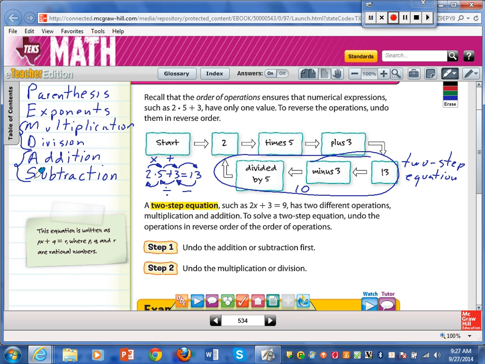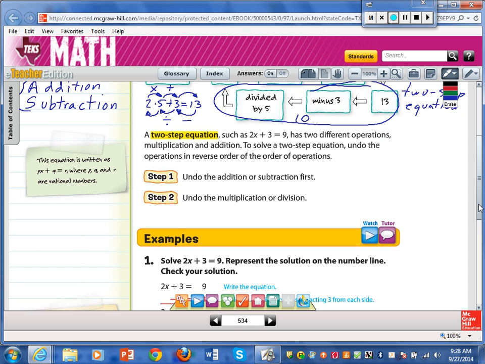Now, to solve two-step equations, you go backwards. You undo anything that's addition or subtraction first. Then once you undo that, you undo anything that's being multiplied or divided. It's very simple. Whatever's left over will probably be some kind of multiplication or division. So let's see what that really means in a real problem.